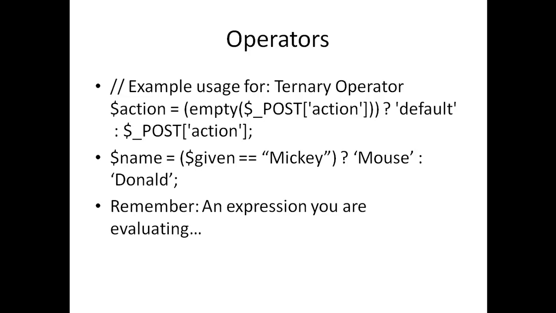I would have just done an if-then-else. Name equals, okay, do the middle first. If given equals Mickey, then name equals mouse, else name equals Donald. Okay, remember, it's an expression you are evaluating.